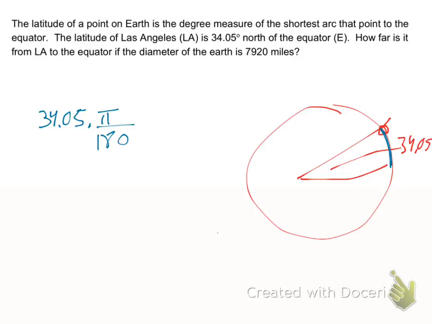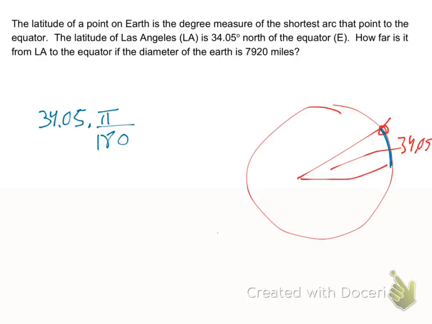And if you do that, you've now converted this into radians. I think all of us would agree that this is not a nice number. But if I put it in my calculator, it will give me a number.